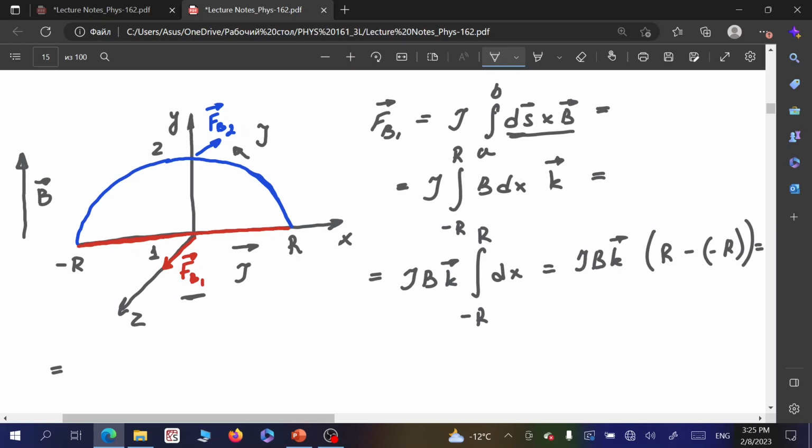Eventually, we will get 2 times I times B times r times k unit vector.